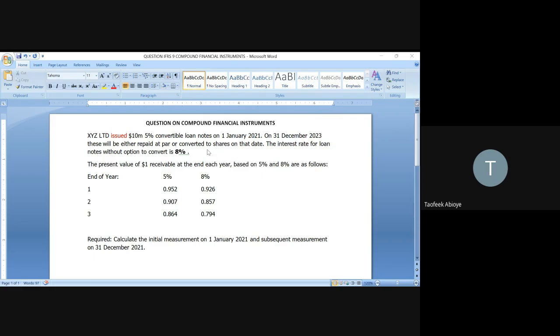So you are going to be giving me figures. Let's quickly solve. This is the question, and this is how we are going to solve it. IFRS 9 says that we should split that compound financial instrument using split accounting, right? And this is what we are going to do.